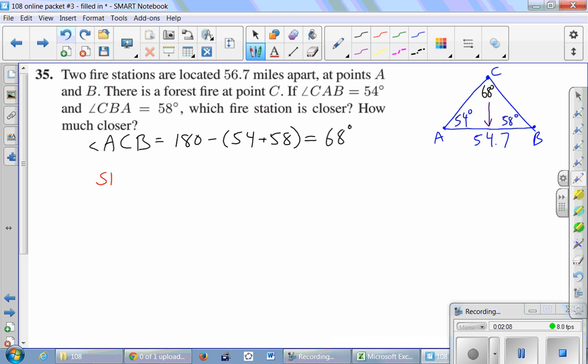So we're going to do sine of the angle that we just found, 68, divided by the length of the opposite side, 54.7, is equal to, and then you take your pick. I'll do sine of 54 first, divided by the length of the opposite side.